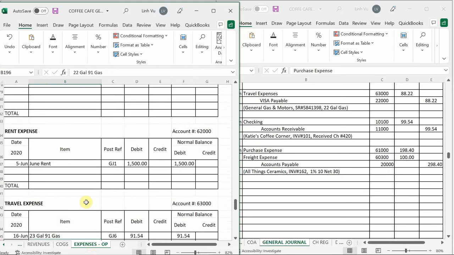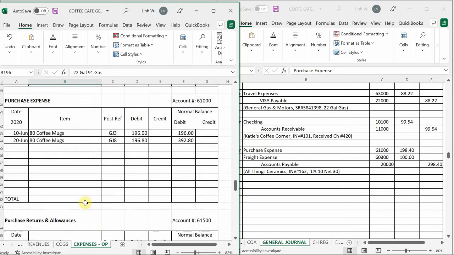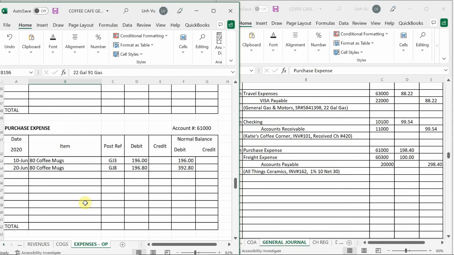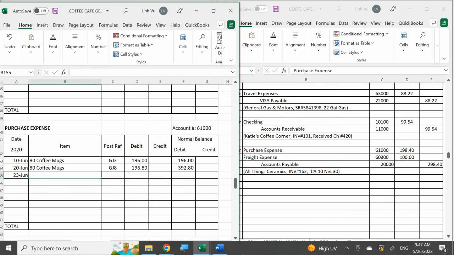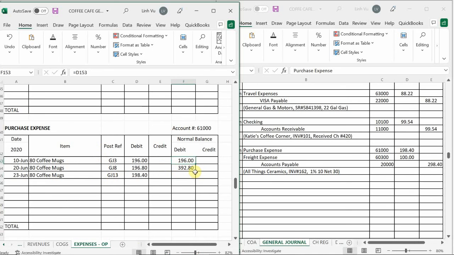We have a purchase expense, which is right here. 80 coffee mugs for $198.40. So that should give me an account balance of $591.20.